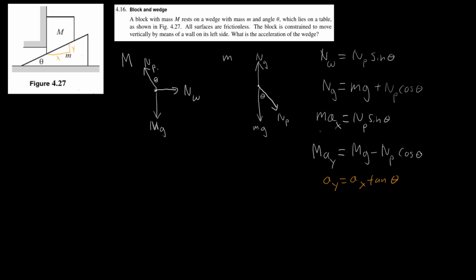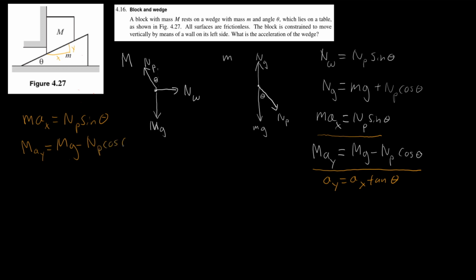So the first equation I'm going to take is this one right here. I'm going to rewrite it: max is equal to NP sine of theta. And then the second equation I'm going to take from what we wrote down is actually this one. I'm just going to rewrite it. May is equal to Mg minus NP cosine of theta.